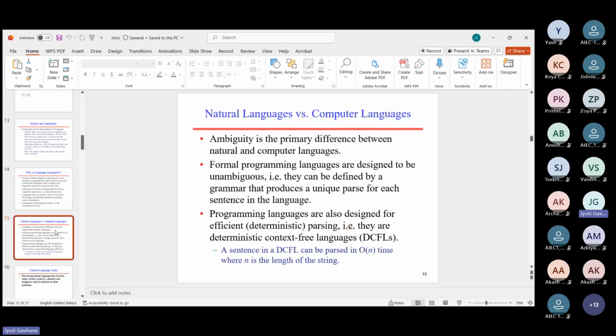But the same thing you cannot assure with natural language, because they can be defined by grammar, which can produce different parse trees for each sentence in a language. And in this subject, we are learning about only the English language.